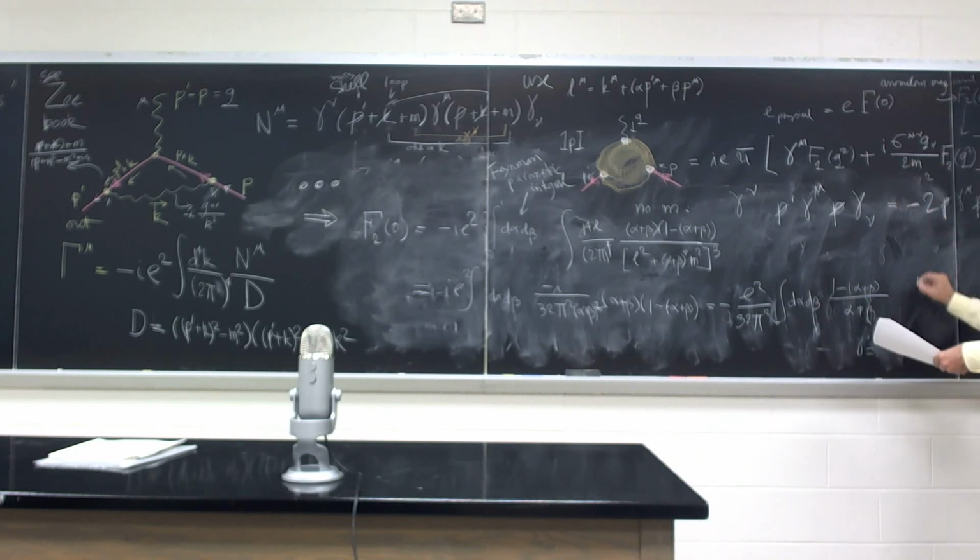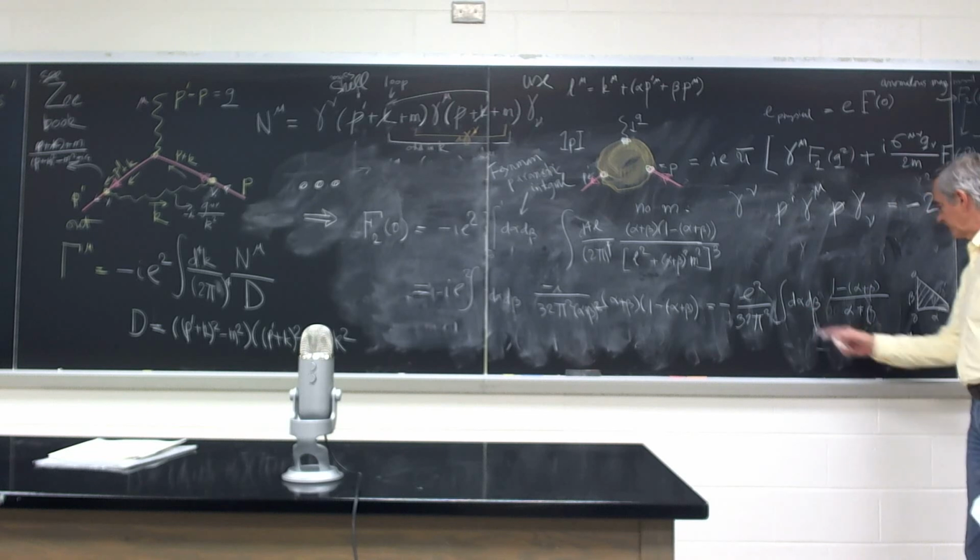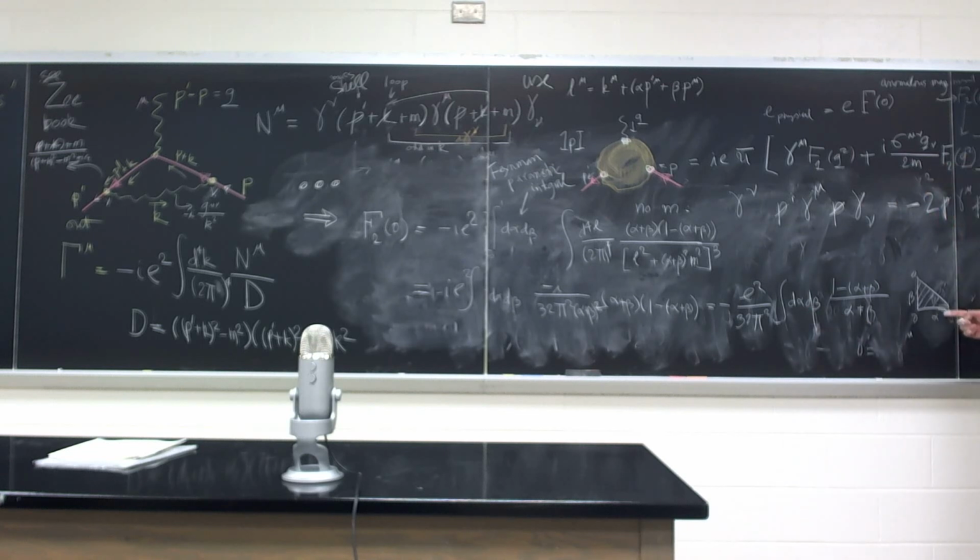And this is integrated in the alpha-beta plane. It's integrated over a triangle. So this is 1, 0. This is alpha, beta. So if you first integrate in alpha, you're allowed to take any value, but then beta is limited to the vertical part.